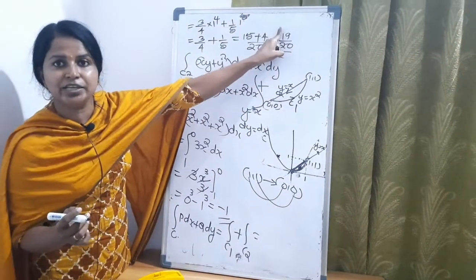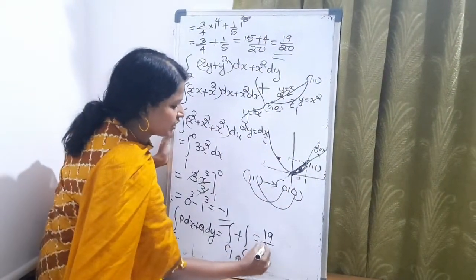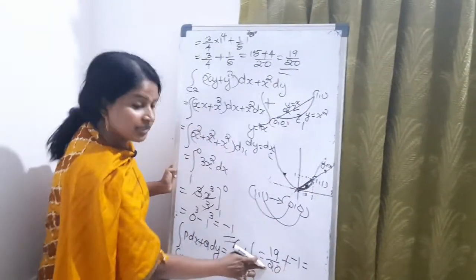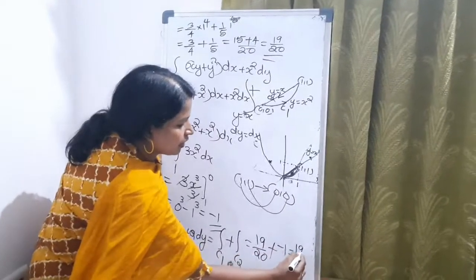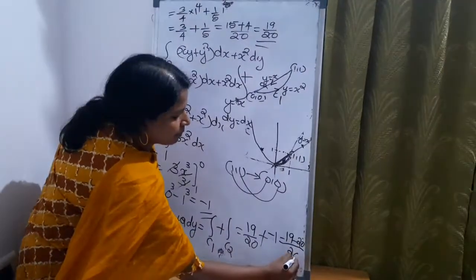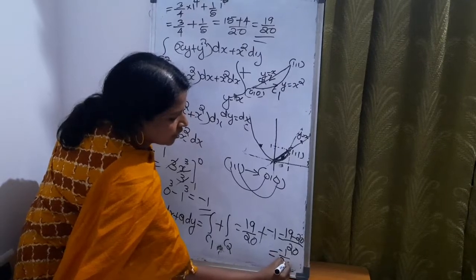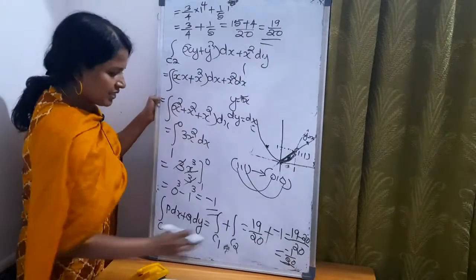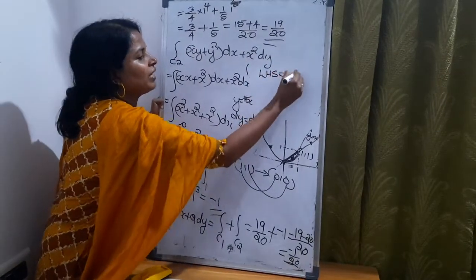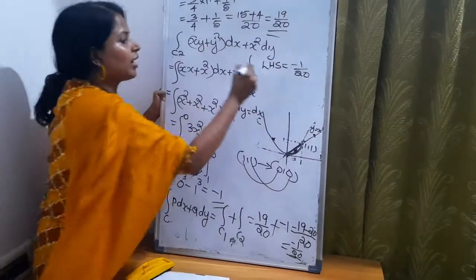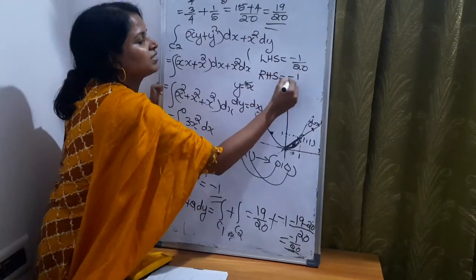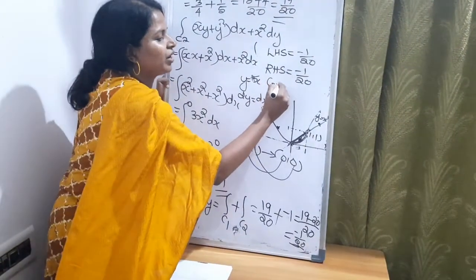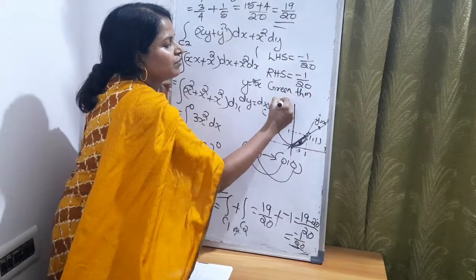The first answer is 19/20, plus minus 1, that is minus 20/20. 19 minus 20, whole divided by 20, is minus 1/20. Listen, we get LHS equal to minus 1/20. We already proved RHS is equal to minus 1/20. That is, LHS equals RHS. That is, Green's theorem verified.